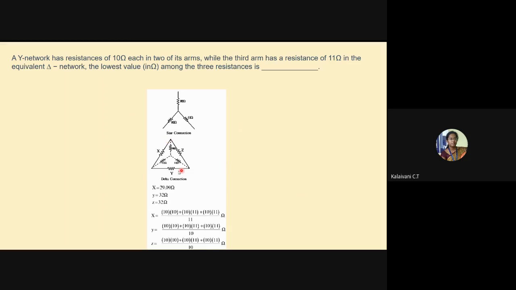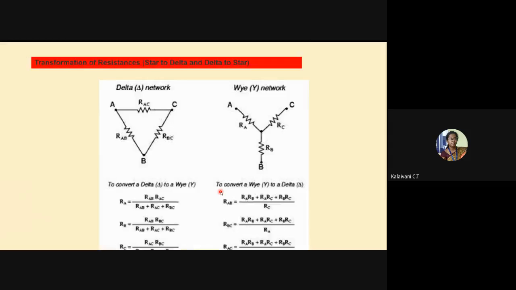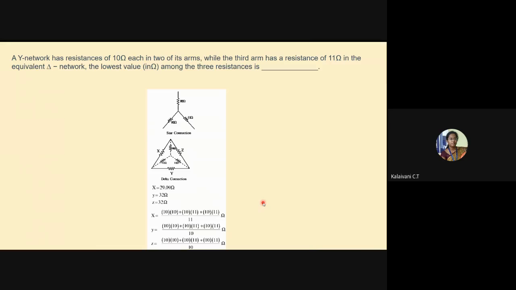So when you convert into delta, you get X, Y and Z, which you will find from the formula: RA into RB plus RB into RC plus RC into RA, divided by RC. So 10 into 10 plus 10 into 11 plus 10 into 11 divided by 11. Y is equal to this.